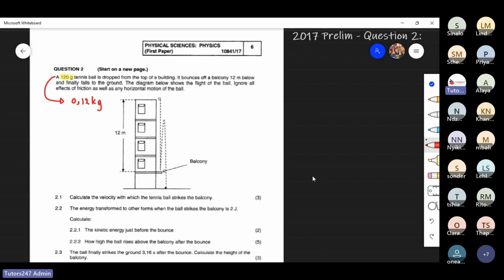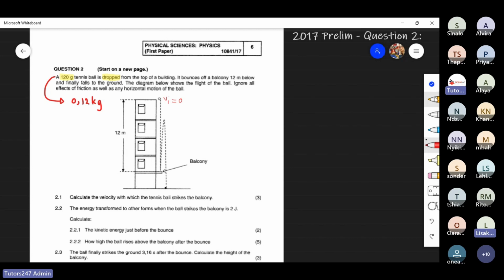Now, let us read that statement once more. A 120-gram tennis ball is dropped. So that is the second important statement. Dropped, meaning that it has an initial velocity of 0. From the top of a building, it bounces off a balcony 12 meters below and finally falls to the ground.